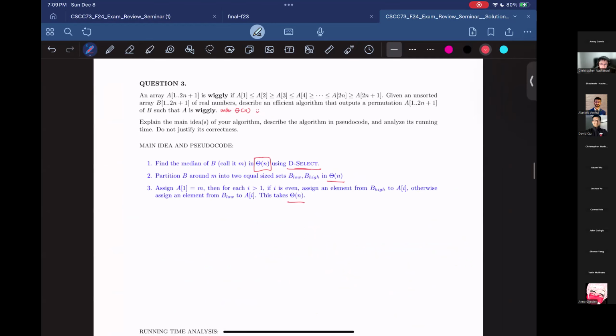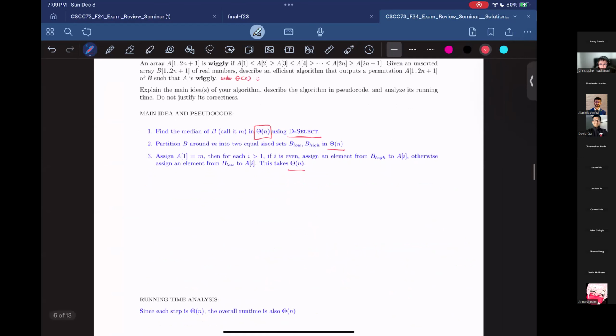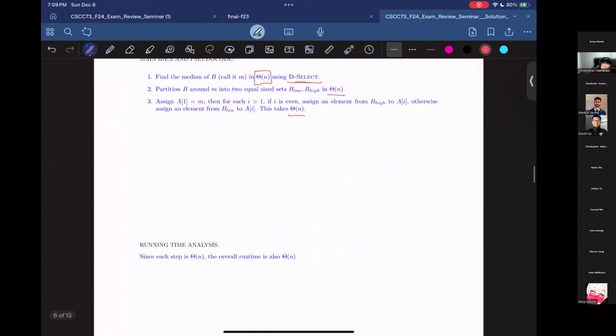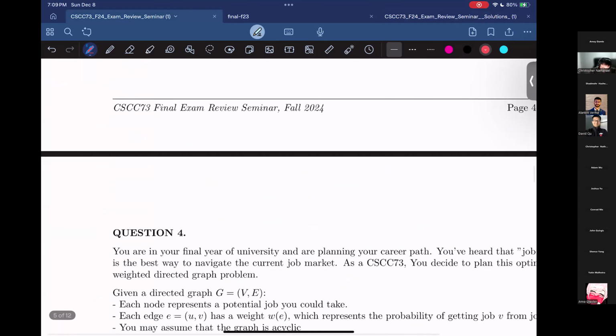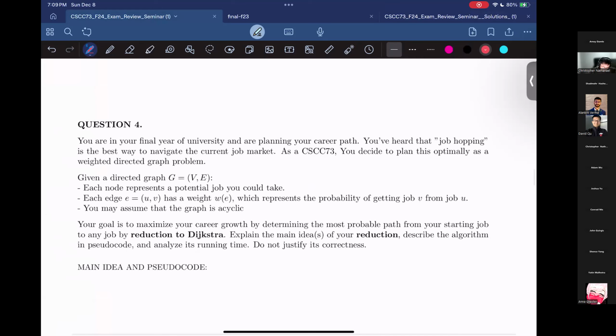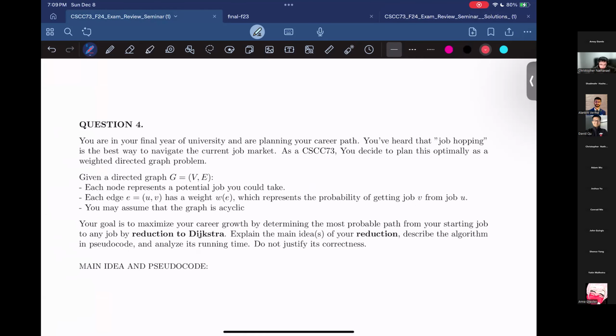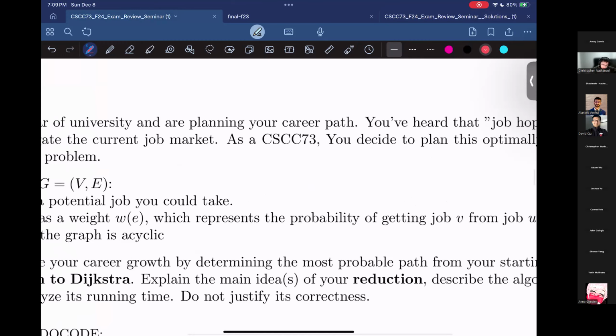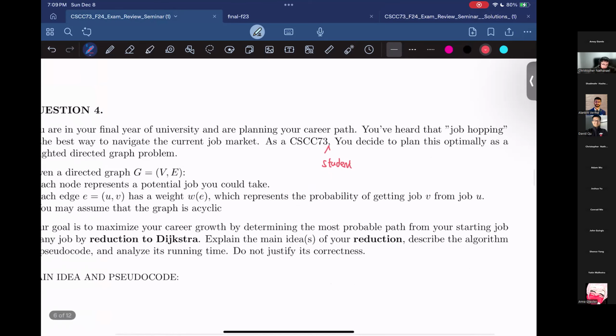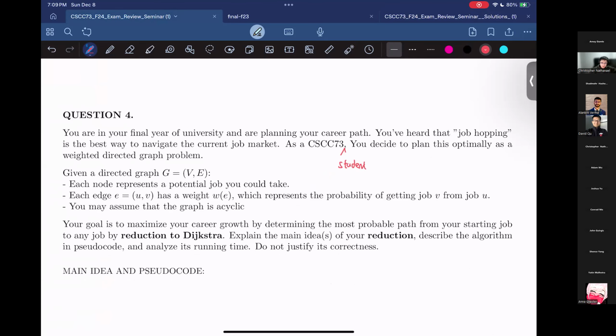Okay. Any questions about this one? Okay. Let's now do the next one. Question 4. You are in your final year of university and are planning your career path. You've heard that job hopping is the best way to navigate the current job market. As a CS student, you decide to plan this optimally as a weighted directed graph problem.